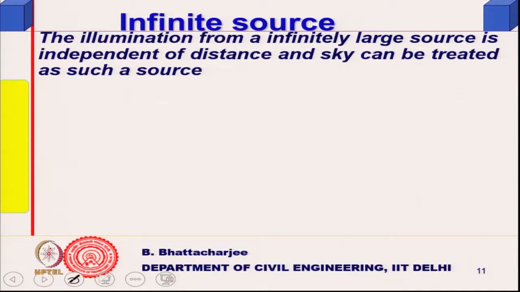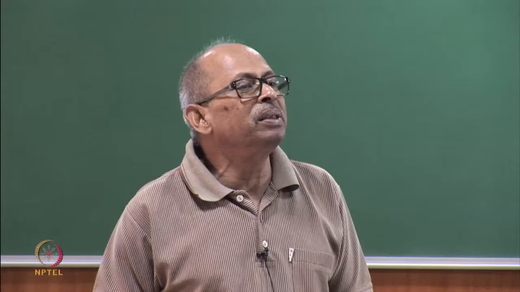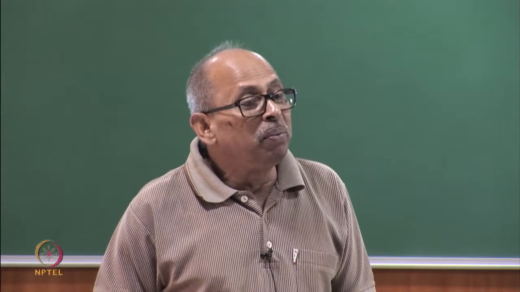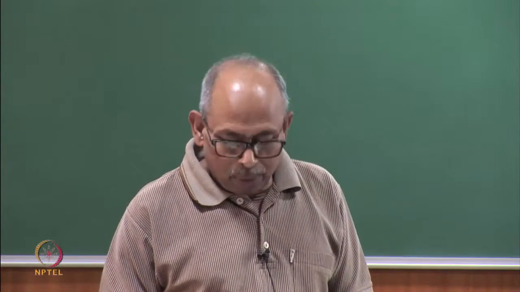So, the illumination from an infinitely large source is independent of distance, and the sky can be treated as a source like this. But then sky brightness is not uniform. Uniform brightness you can get only if the sun is fully covered, because the sun is too large.